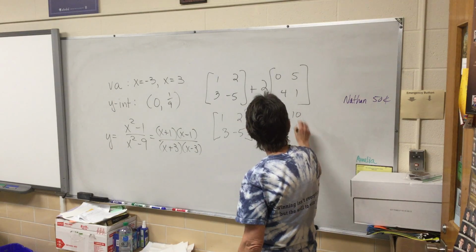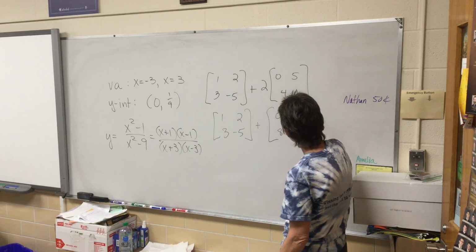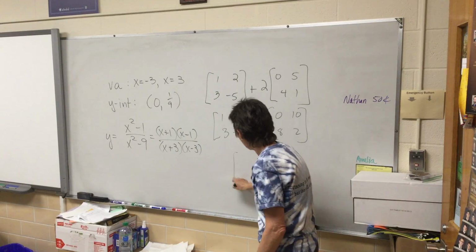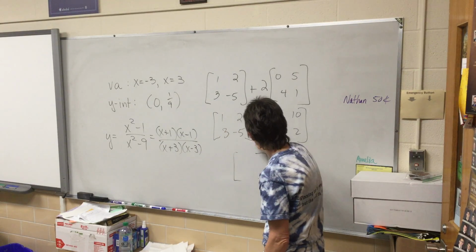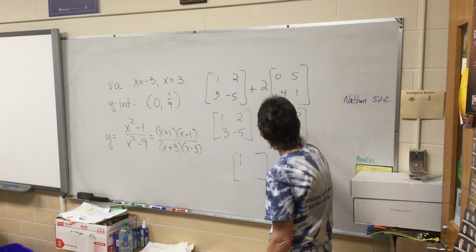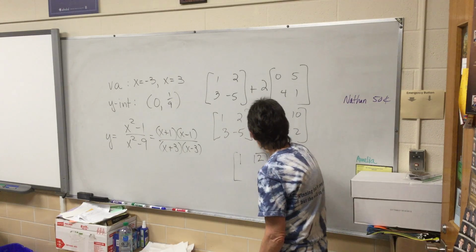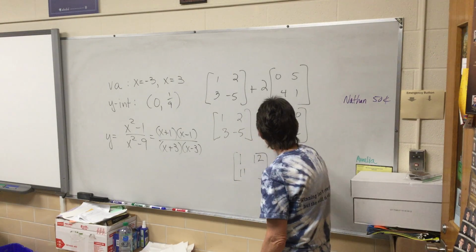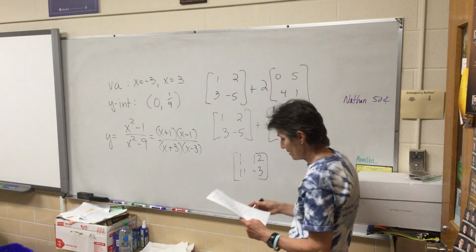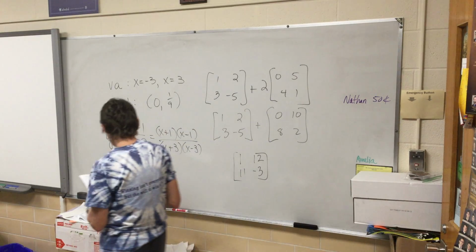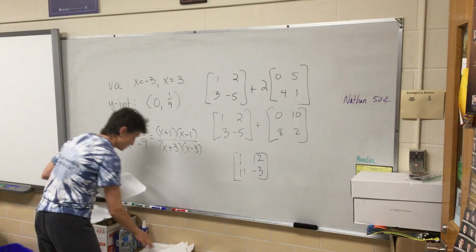So we're just going to distribute that 2 to everything. And now add corresponding entries. So 1 plus 0, 2 plus 10, 3 plus 8, and negative 5 plus 2. And there is our sum of A plus 2B.